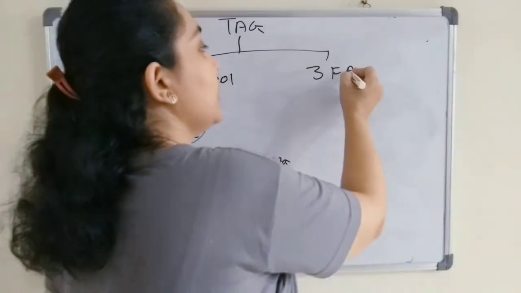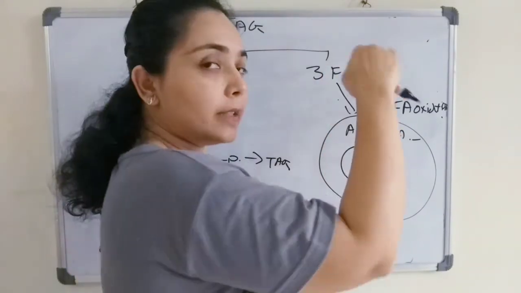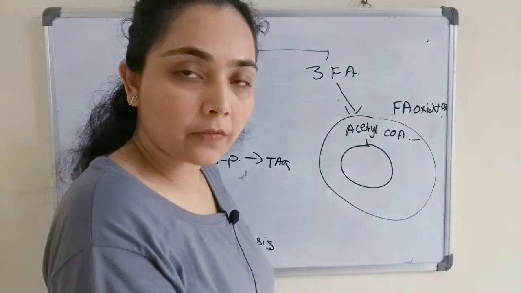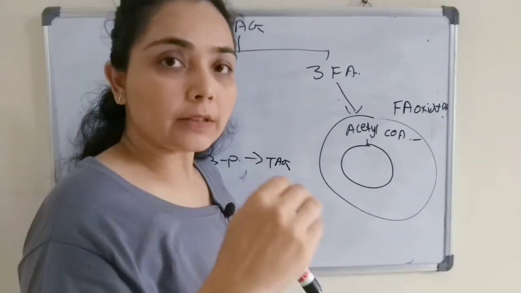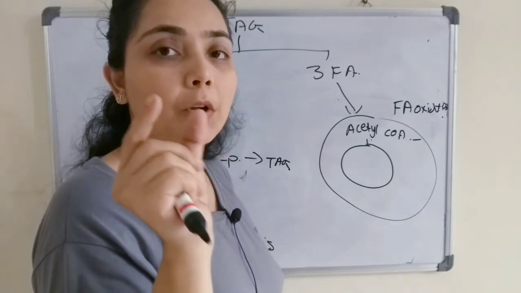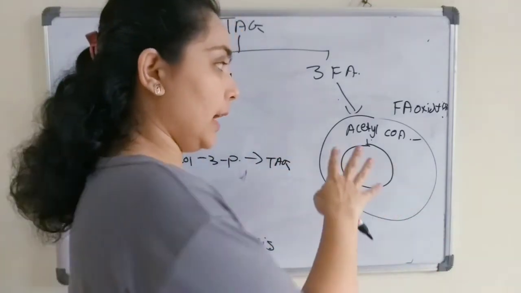And what will be the fate of the fatty acid? The fatty acid then enters peripheral tissue, where fatty acid oxidation will take place. For example, in beta oxidation of fatty acids we will have acetyl CoA.